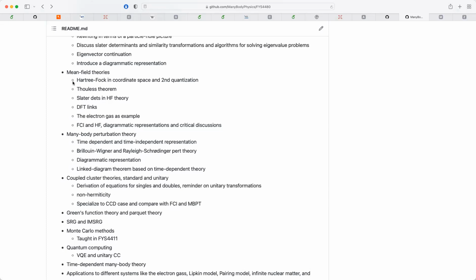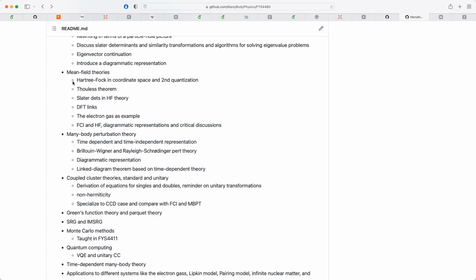These methods are widely used in all of condensed matter physics, when you're dealing with systems in condensed matter physics, if you're doing quantum engineering in order to construct quantum gates, if you're studying properties of materials, if you're doing nuclear physics, these many-body methods are kind of standard methods.